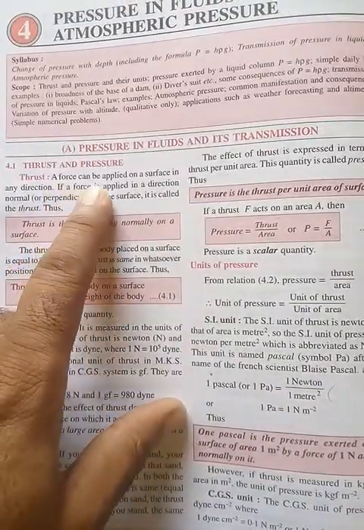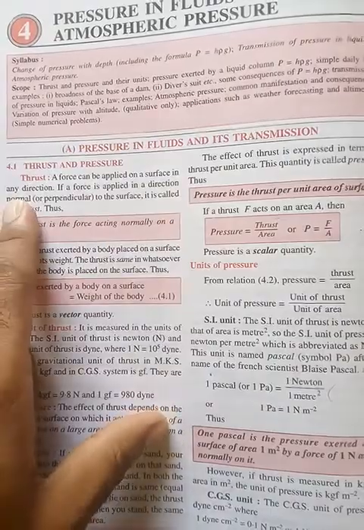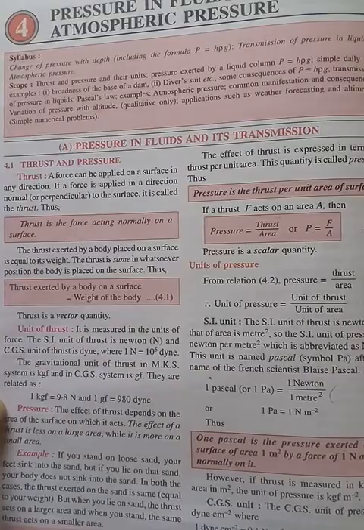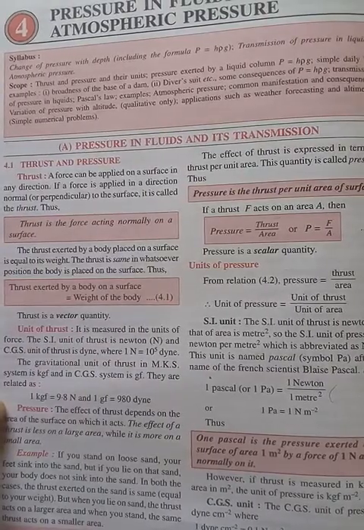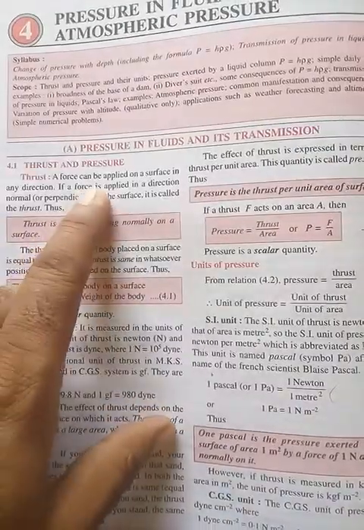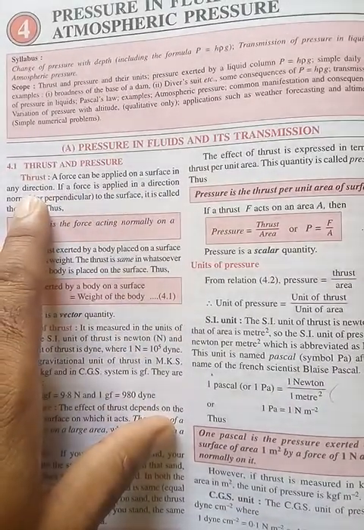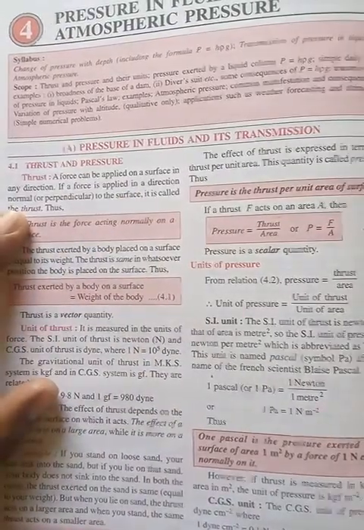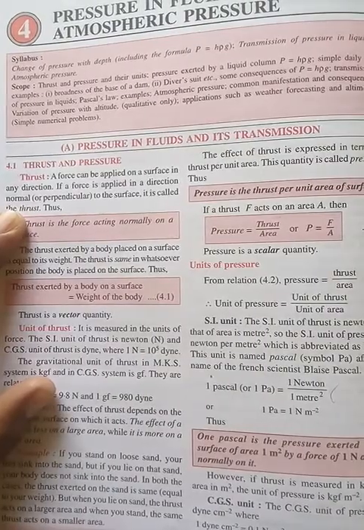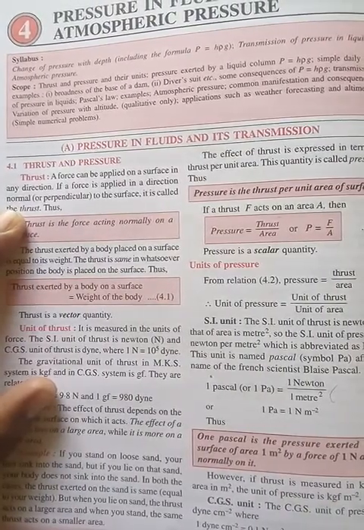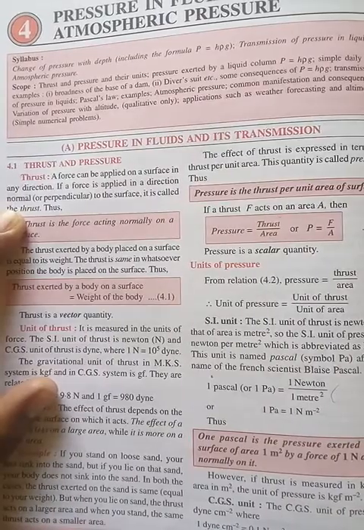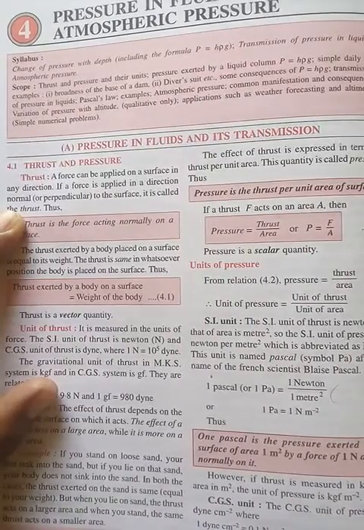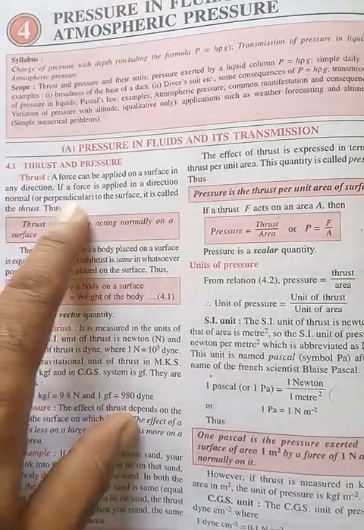Thrust, they say: a force can be applied on a surface in any direction, mind you. Thrust is a type of force, but a special type of force. It's not any force. Now, force can be applied on a surface in any direction, but if the force is applied in a normal direction, and this normal is the normal that we have in the case of light, the perpendicular to the surface.